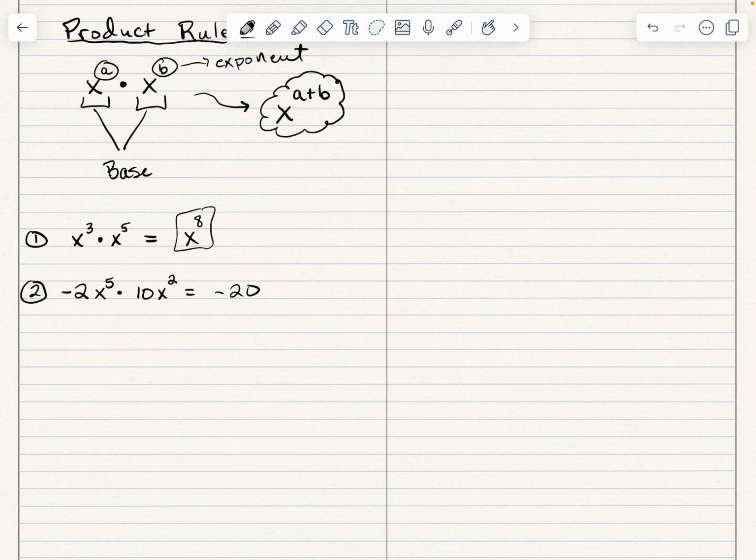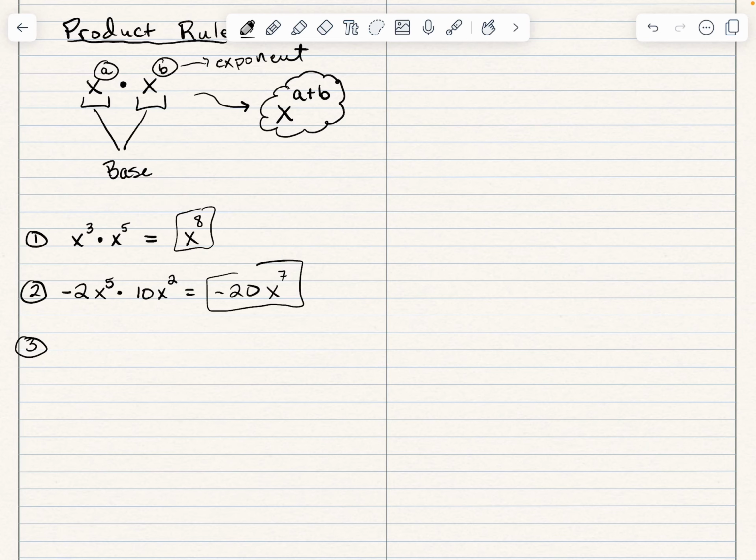Then we have to deal with the exponent part. The bases are the same here, a base of x, and I'm multiplying, so I can add the exponents. This is going to be x to the 5 plus 2, which is x to the 7th power. That's really all the product rule is telling me to do: look for that same base and add those exponents together.